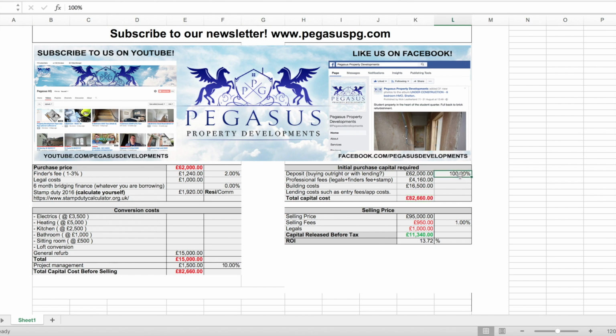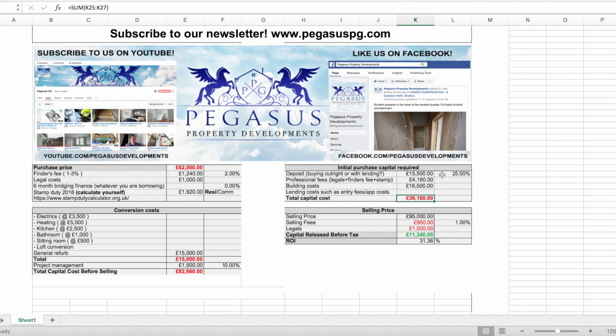So if you were doing this, like I said before, with a bridge, then your capital up front would only be 36,000. So what this kind of means is if you're looking at deals and you're trying to work out if they're going to be good investments or not, you can get this spreadsheet, you can stick all these numbers in in sort of 60 seconds or whatever, and you can just work out how much money you're going to need up front.